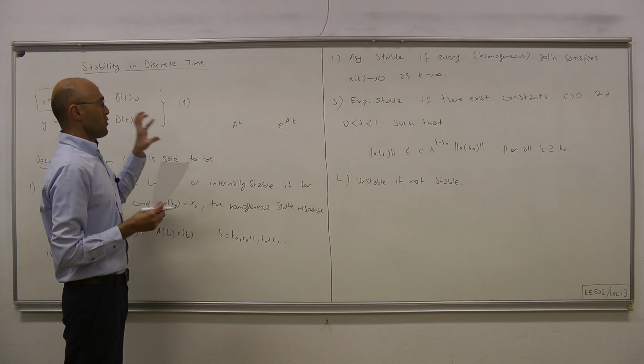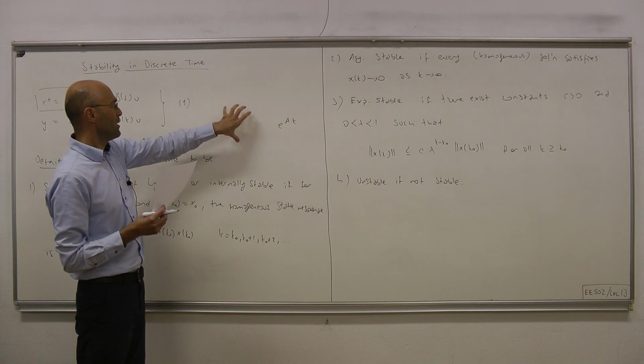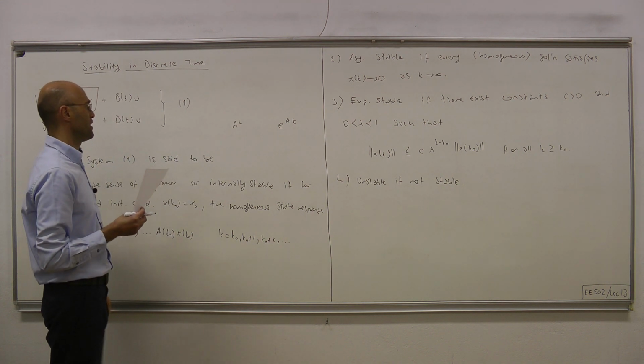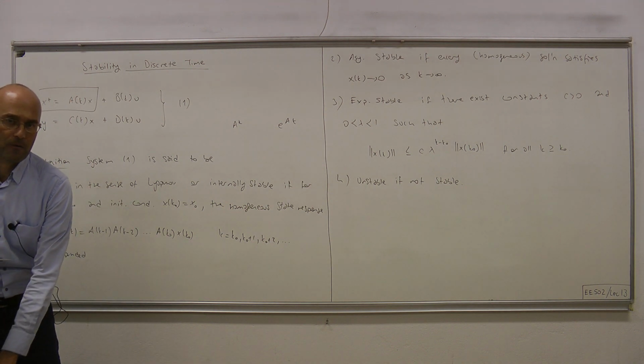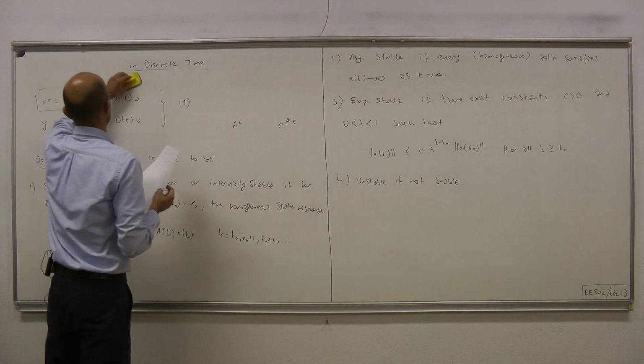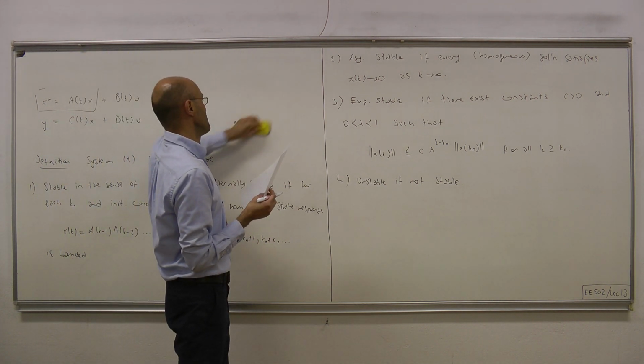Based on those qualitative studies on the behavior of A to the k and the locations of the eigenvalues of A, we can now write down our first theorem. We wouldn't need to prove it because we have already proven it in a sense.